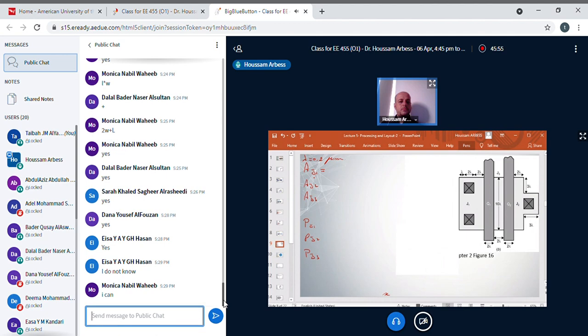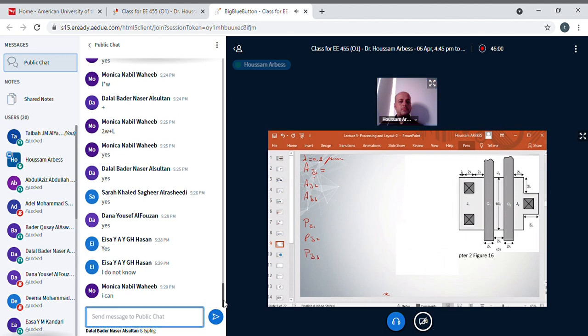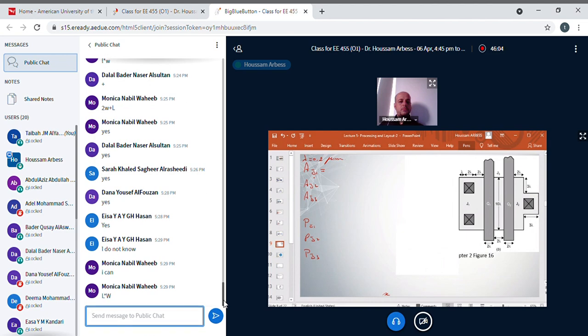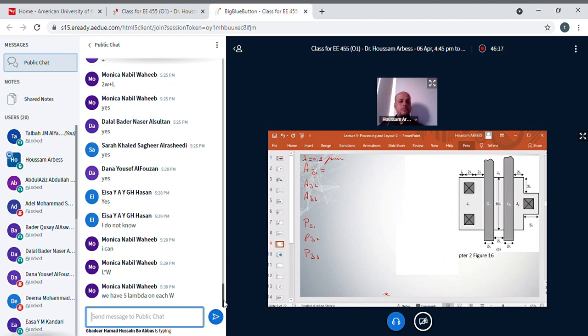The area of J1 equals what? Okay, Monica, go ahead. Okay, so it's equal to what here? Yes, correct. So here I can see it's equal to 5 lambda multiplied by what?